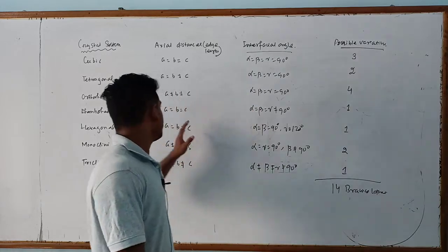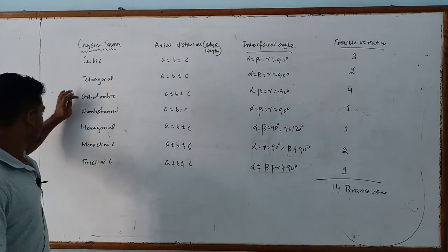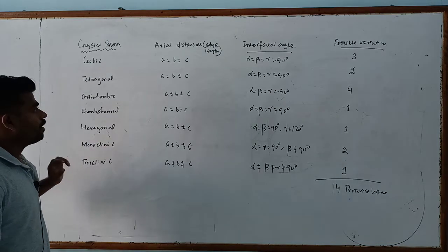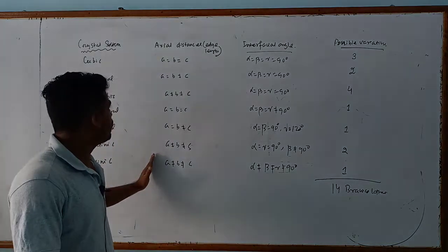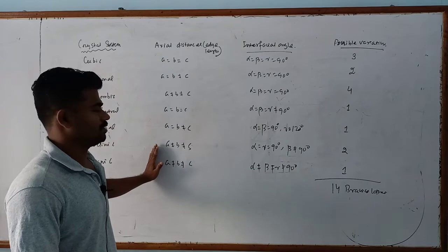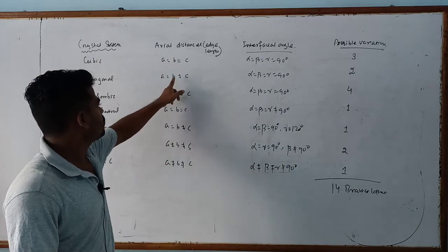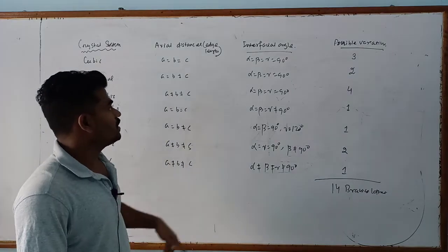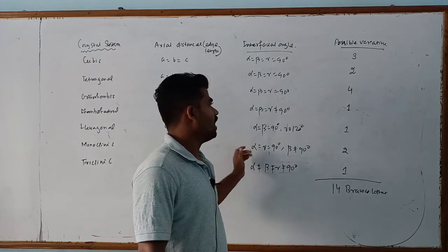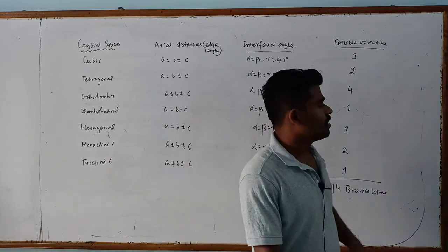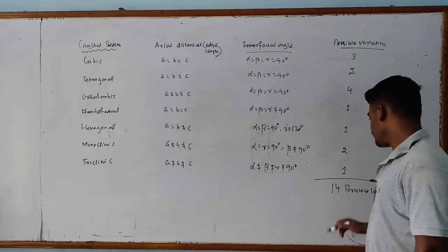The 7 crystal systems are cubic, tetragonal, orthorhombic, rhombohedral, hexagonal, monoclinic, triclinic, and these are their edge lengths. In case of cubic, all are the same, a equals b equals c; a equals b not equal to c likewise, and these are interfacial angles. Due to their orientation in different directions, there exist 14 Bravais lattices.